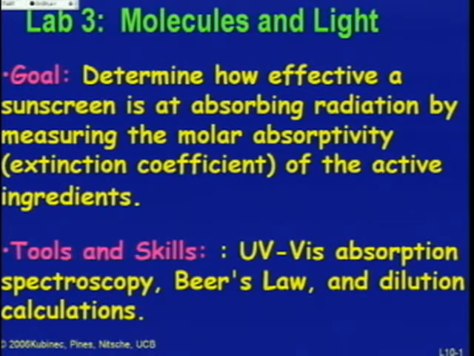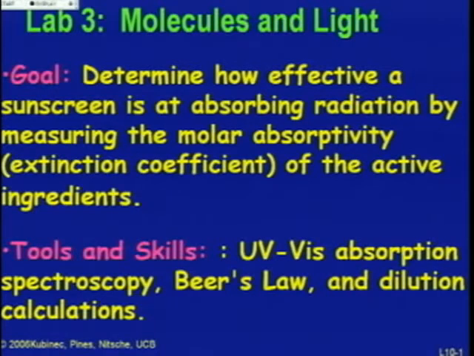This week you are dealing with light and molecules. We have discussed this quite a bit here in lecture about absorption spectroscopy, and you are measuring the effectiveness of a sunscreen by measuring the absorption of the active ingredients of a sunscreen, and you measure the molar absorptivity.